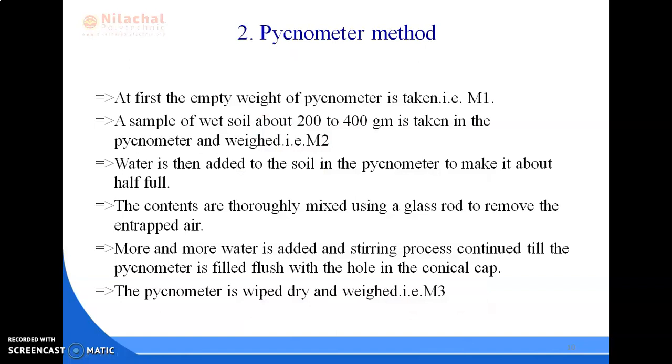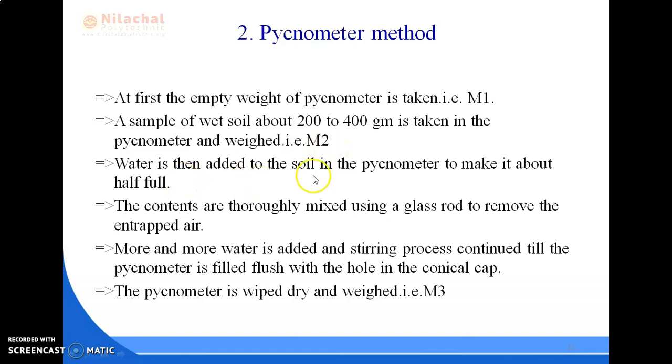Then at first we have to take the empty weight of the pycnometer and note it down, that is M1. A sample of wet soil, about 200 to 400 gram, is taken in the pycnometer and weighed. So we have to take the weight of the wet soil plus pycnometer and note it down, that is M2.